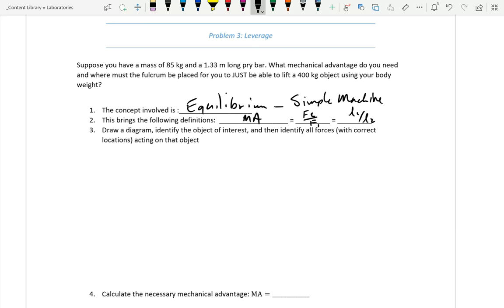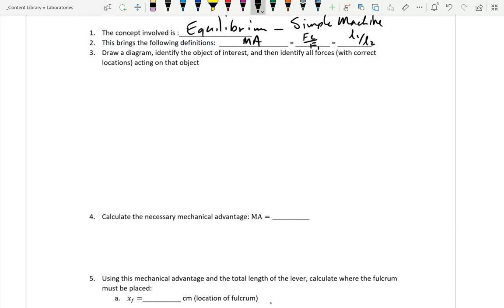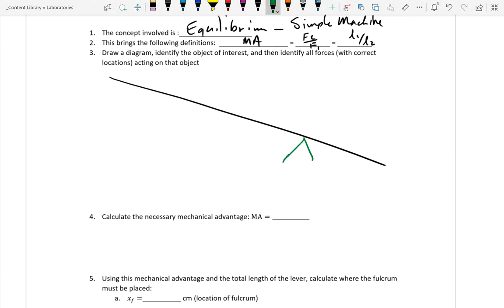Now I have to draw a diagram. Never going to get away from those, right? So here's my lever, or if you're British, lever. There's my fulcrum. The fulcrum is the place you're pivoting. Here's my load.